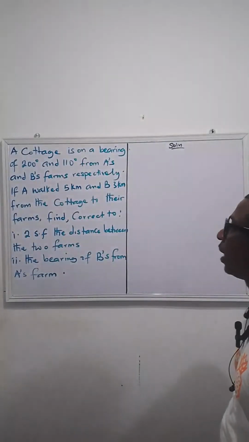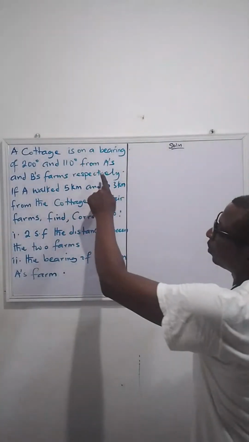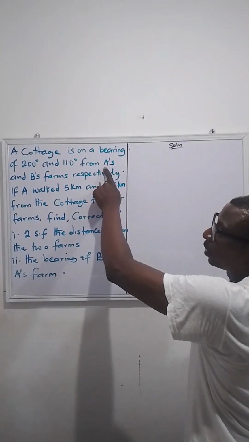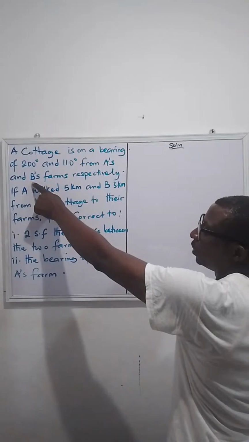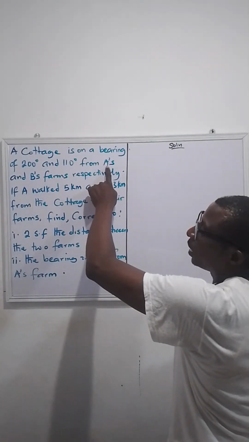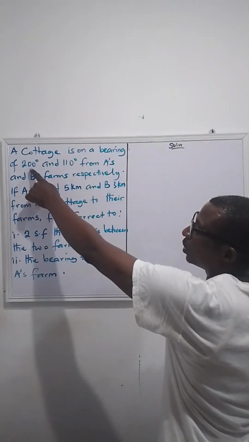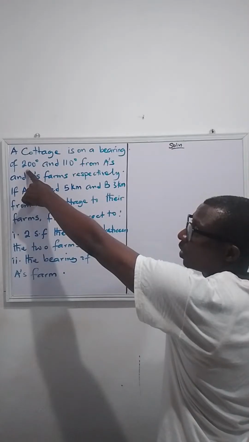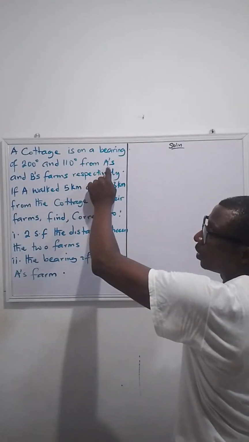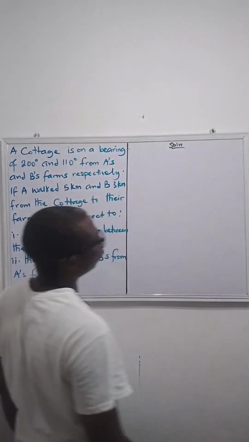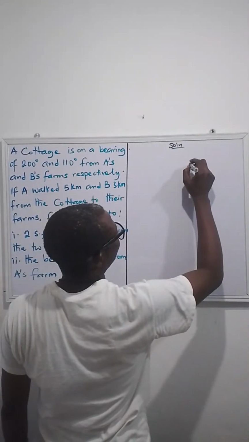So now let us locate point A and point B. Don't forget, from A, the bearing of the cottage is 200. So the first point I'm going to draw is A, and that will determine the position of the cottage. So let's have it this way.